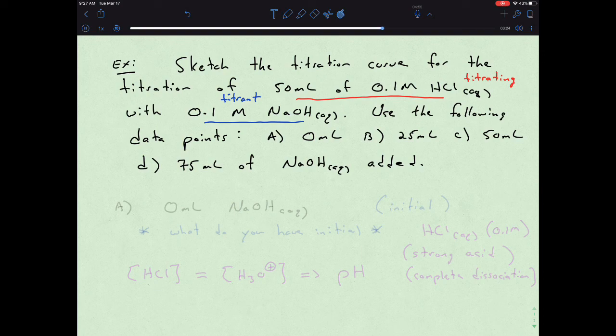So for part A, we're starting at 0 milliliters of the sodium hydroxide has been added. And so this is our initial starting point, right? So no base has actually been added.